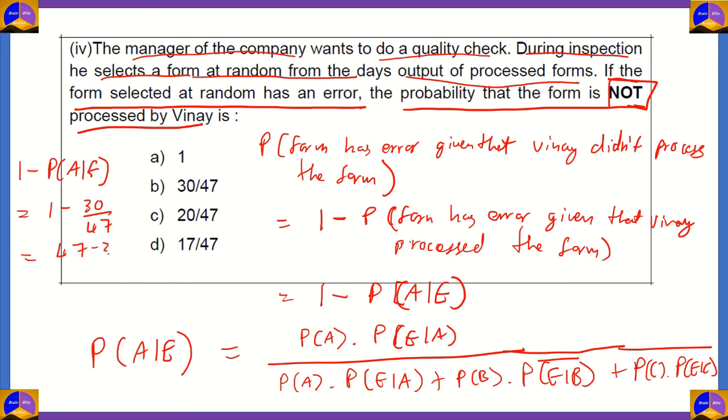You can just calculate it and you will get your answer as 17 by 47. So option D, 17 by 47 is our answer.